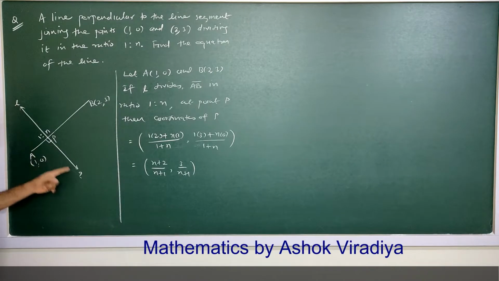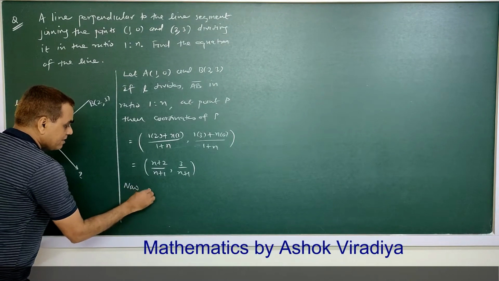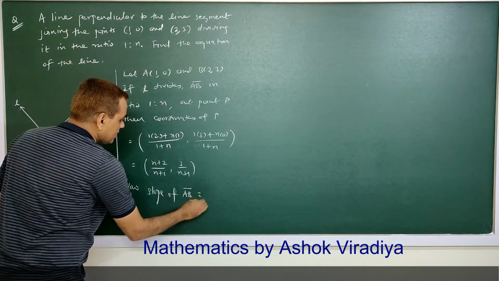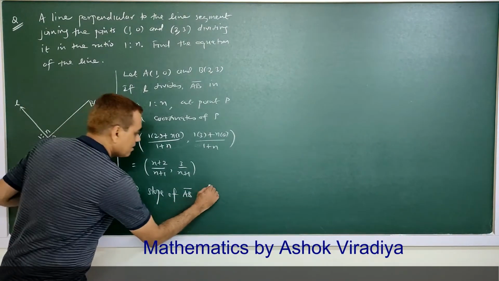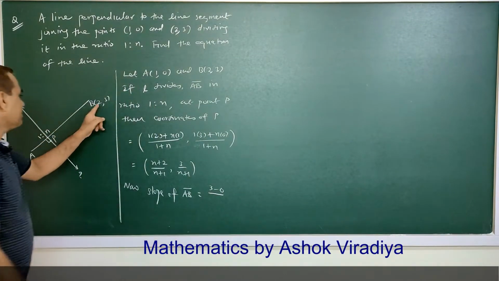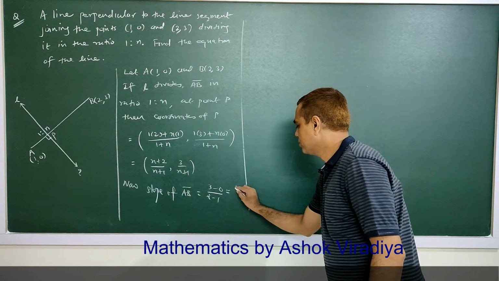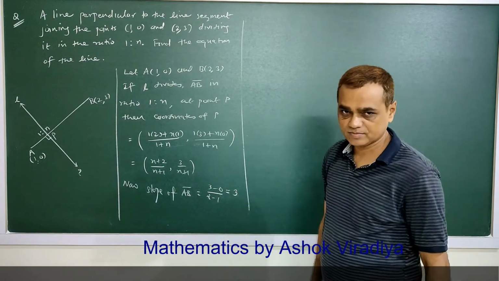Now we find the slope of L. Because it is perpendicular to line segment AB, we find the slope of line segment AB. So the slope of AB is (y2 minus y1) upon (x2 minus x1). So it is (3 minus 0) upon 1, so it is 3.